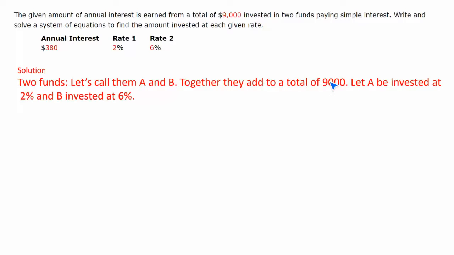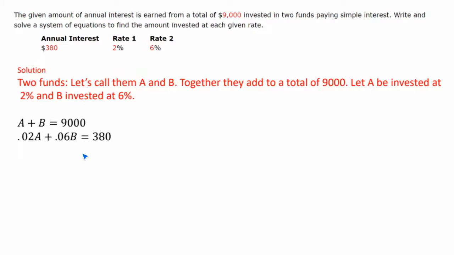And so A is going to have part of that 9,000 and B is going to have part of that 9,000. Just to make sure that we're identifying everything correctly, I'm going to say that my first account A was invested at 2% and my second account B was invested at 6%.